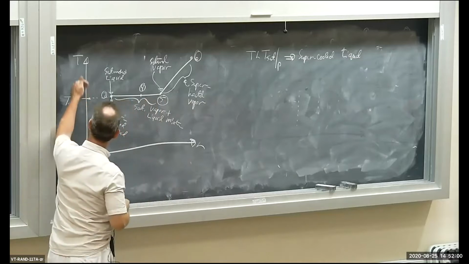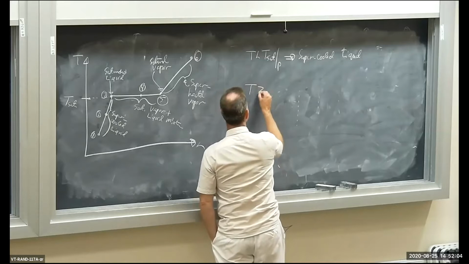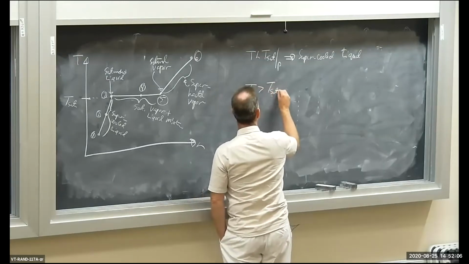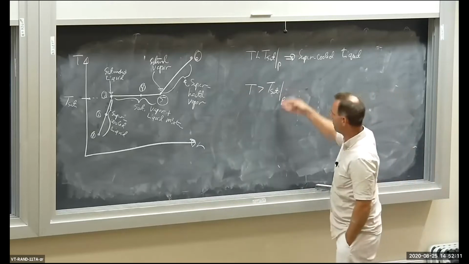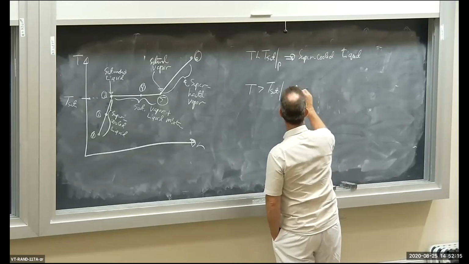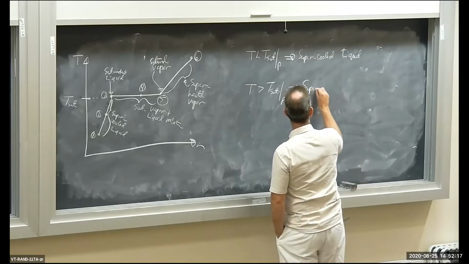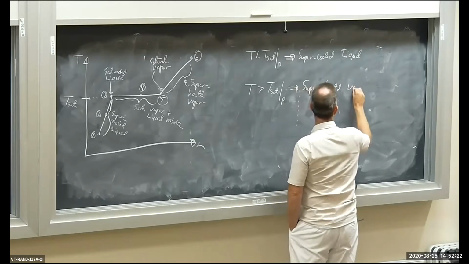If temperature is greater than Tsat, at some pressure, evaluated at some pressure. See this vertical line at a pressure, evaluated at a pressure. Then we have superheated vapor.